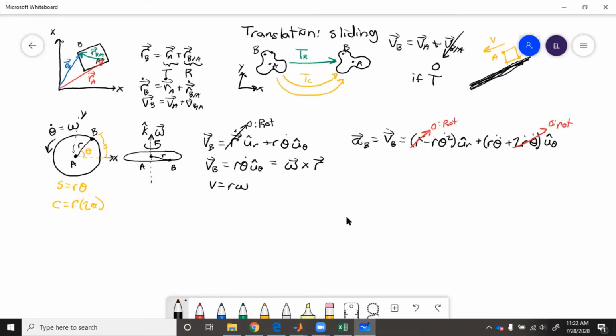So then we just get AB equals R theta dot squared UR plus R theta double dot U theta, which if we write that as vectors, that's going to be equal to omega cross omega cross r plus alpha cross r.